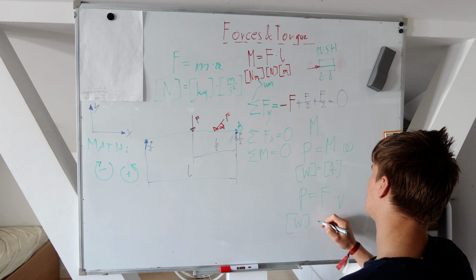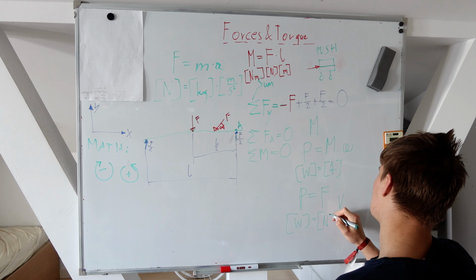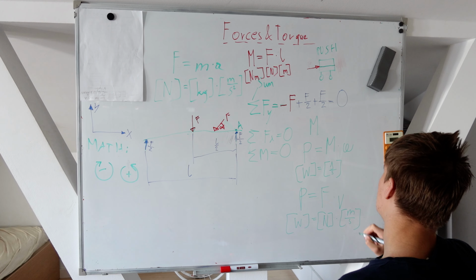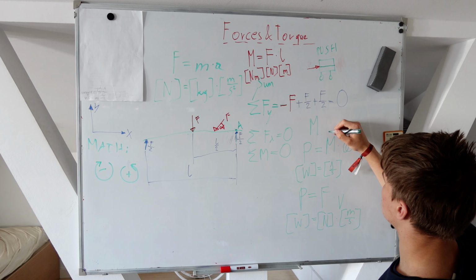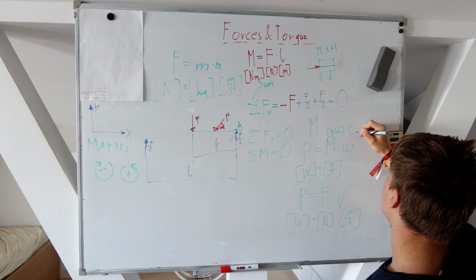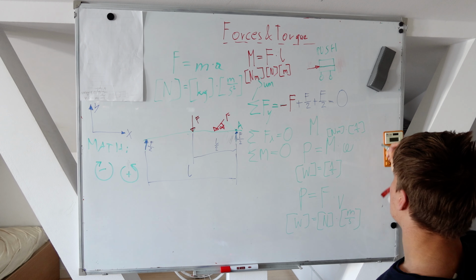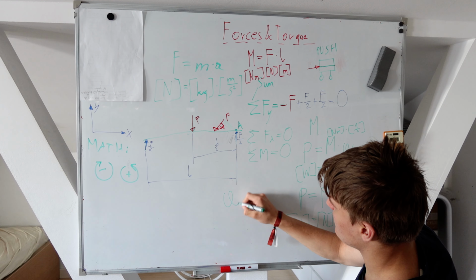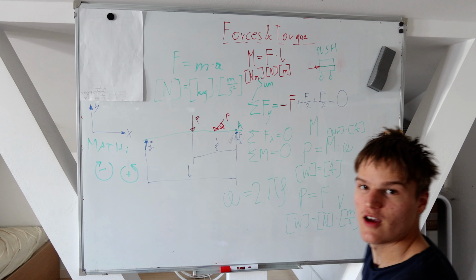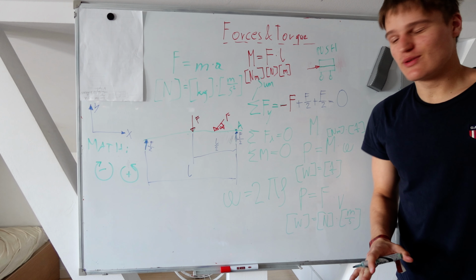Watt is equal to Newton times meters per second. And then you have here Newton meters times 1 over second. And also right here, I'm going to write omega is 2 pi f. And that's it, guys. I'm going to leave you with this. It's kind of an open end, but in the next one we're going to dive into this.